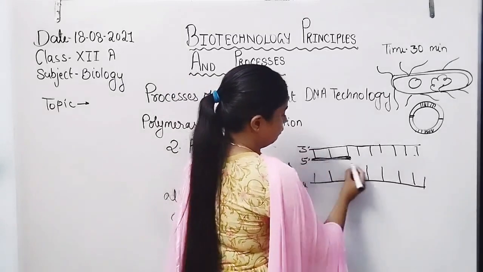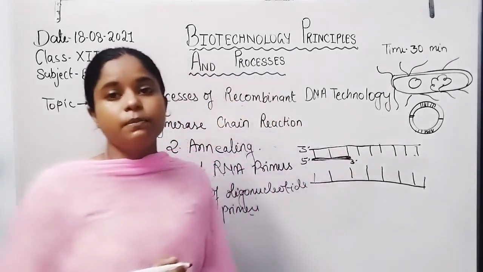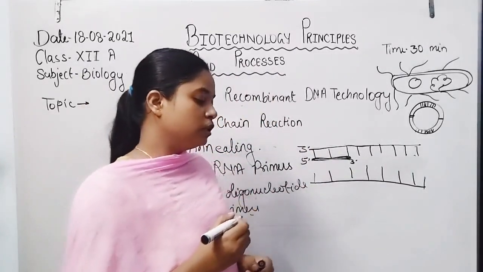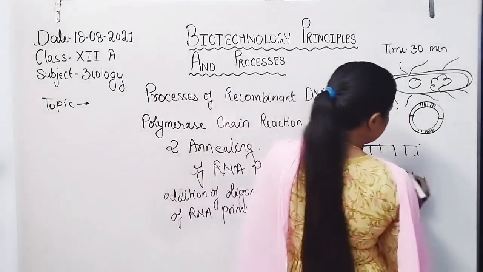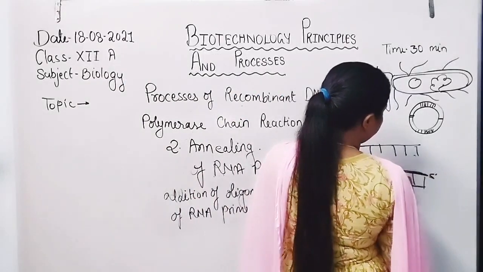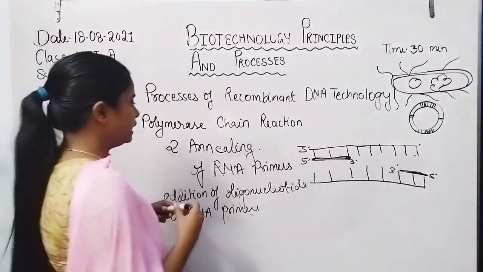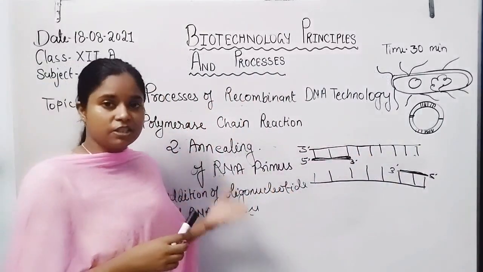So this one is 5 prime to 3 prime in direction, because synthesis always takes place in the 5 prime to 3 prime direction. Similarly here there is addition again in the 5 prime to 3 prime direction. The RNA primer gets added on the DNA strand.